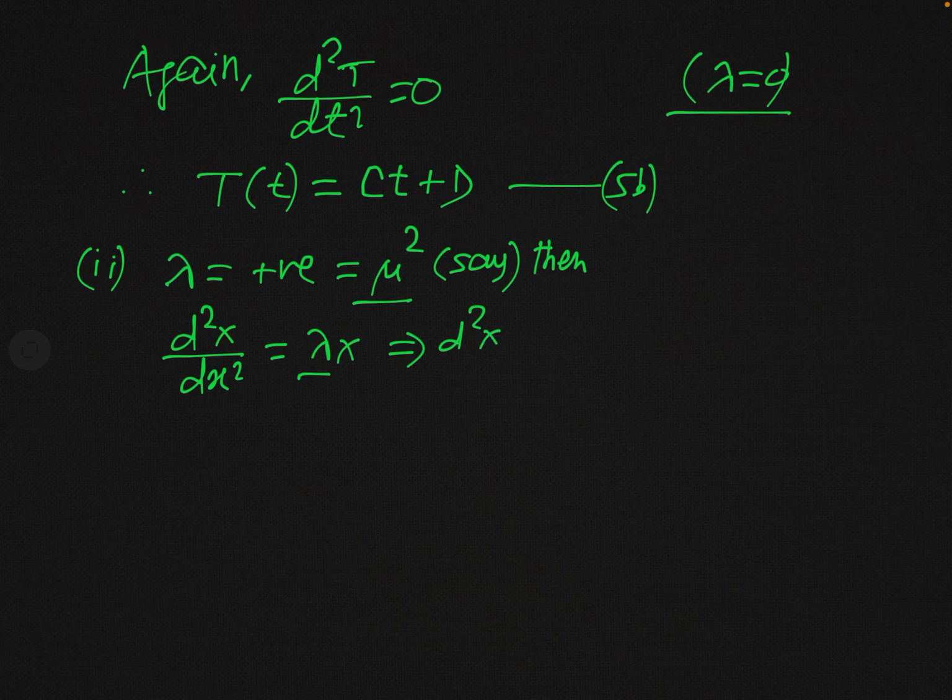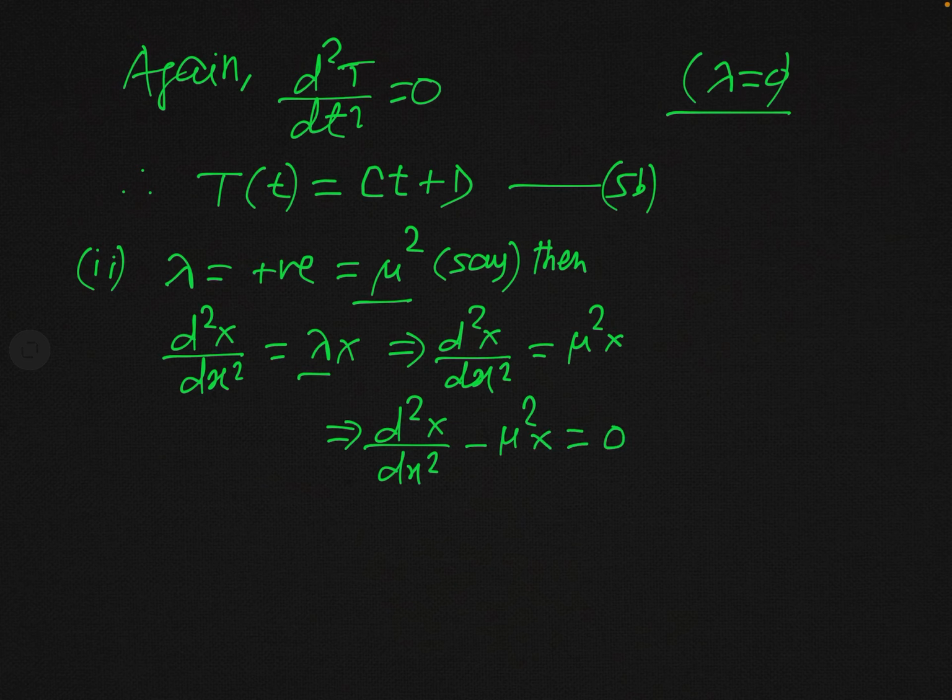So this is d2x by dx square equal to mu square into x, and equivalently you may write it as d2x by dx square minus mu square x equal to 0.